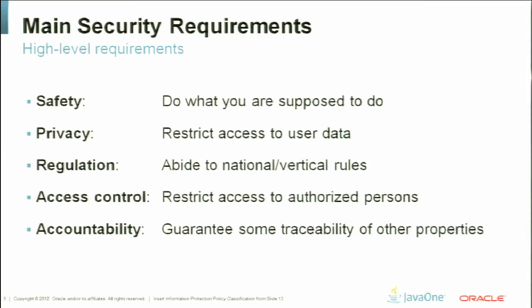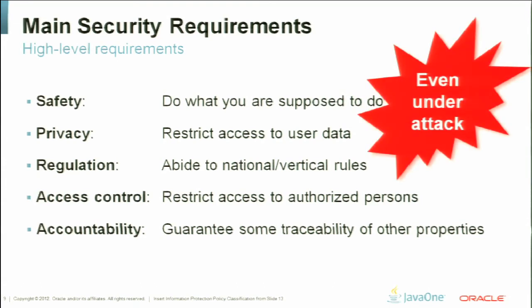They are not very fun things, except that, like always, when we think about security, we have to make sure that all of these things remain true even under attack. And under attack for a device, you may not be very much aware that there is an attack. At least your backend may not be aware at all that there is something happening. So you need to have some local security features here.